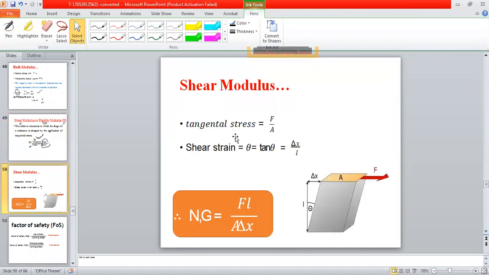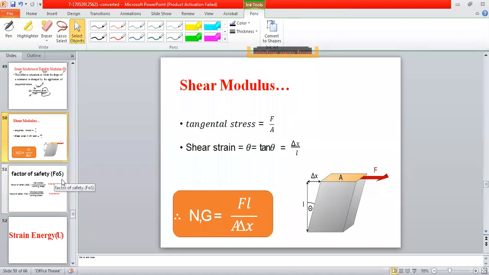Shear stress can be found by force by area, whatever the area on which the force is applied, we need to consider that area and the force. Force by area gives the shear stress, and the shear strain is theta equal to delta x by L. It is represented by N or G. We can represent it by N or G.